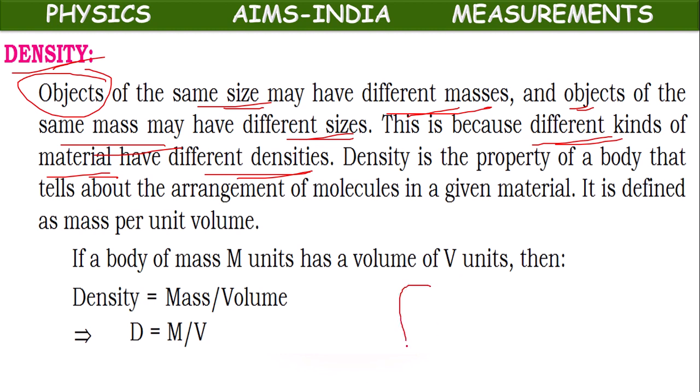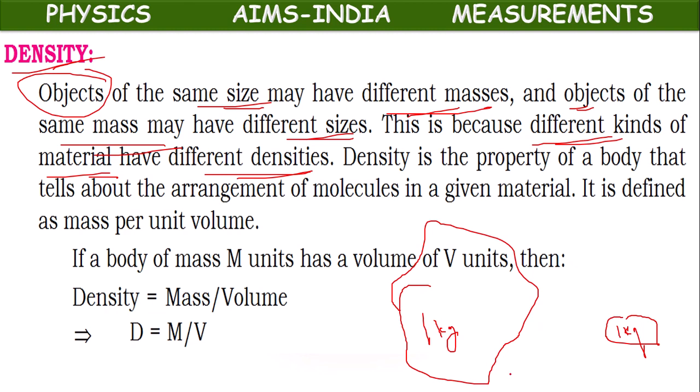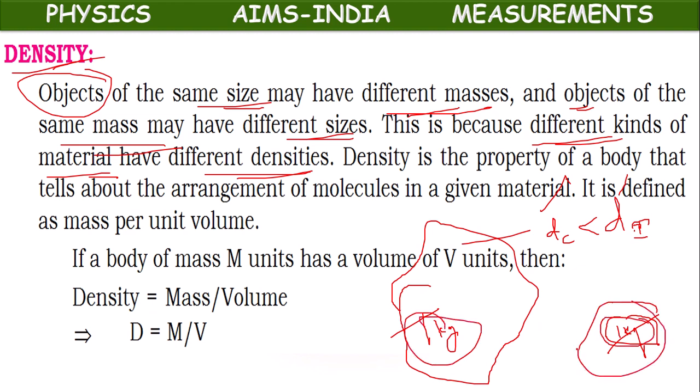If you take 1 kg of cotton and 1 kg of iron, both masses are the same, but their sizes are different. It is because of density, because the density of cotton is less than the density of iron.